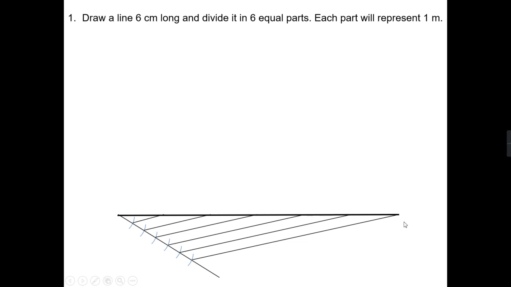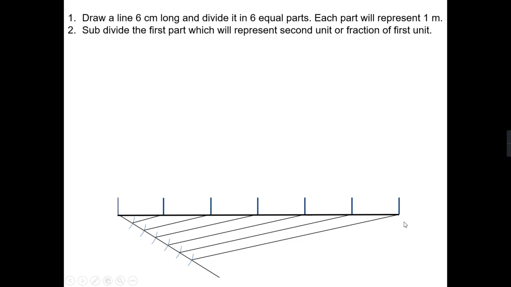Okay, so after cutting it, I will subdivide the first part. First part means this part. I will subdivide the first part, which will represent the second unit, a fraction of the first unit. So as mentioned in the question, the least count of the scale is 1 decimeter, and in 1 meter there are 10 decimeters, 1 meter equal to 10 decimeters.